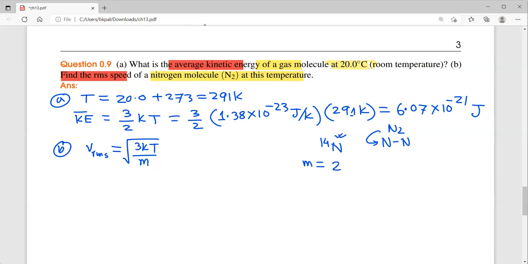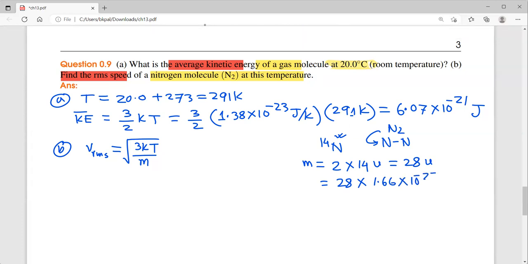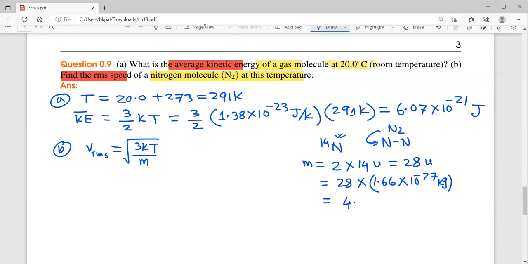So 2 times 14 atomic mass units is equal to 28 atomic mass units, and 1 atomic mass unit is equal to 1.66 times 10 to the power minus 27 kilogram. When you multiply this by 28, you get the molecular mass for nitrogen, and I get something like this.